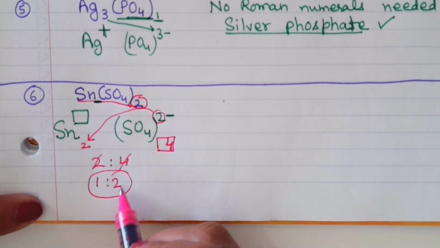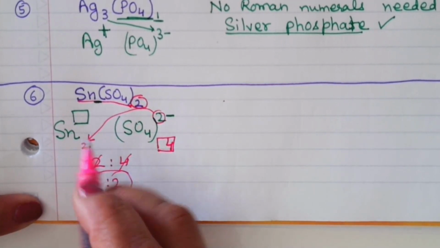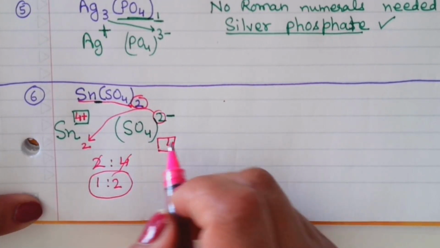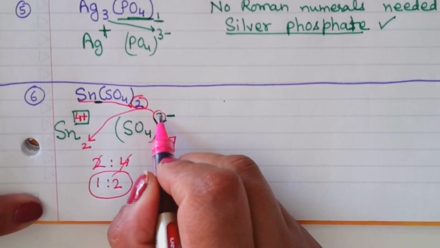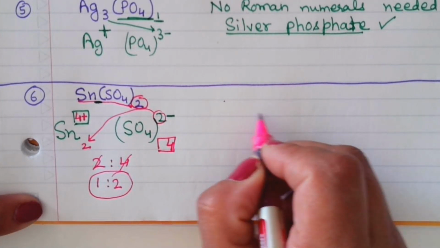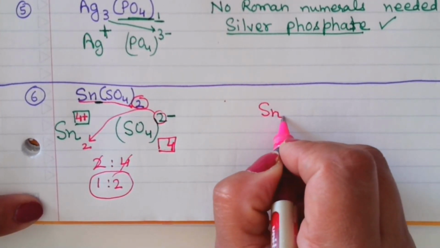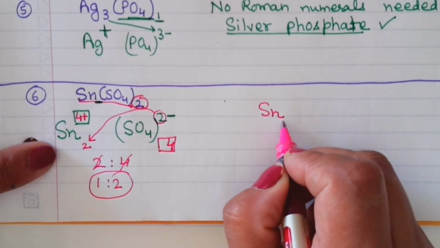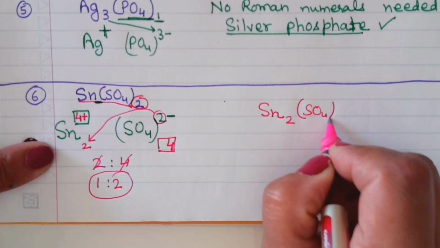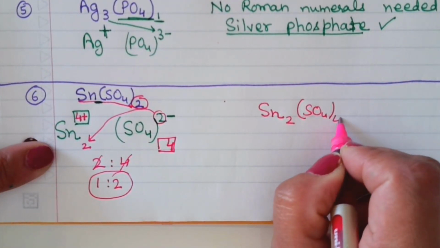So if we had a 4 plus on tin here, and then do the crisscross. Sulfate has a 2 negative, right? So Sn2 and then (SO4)4.